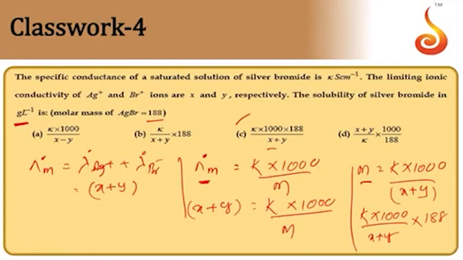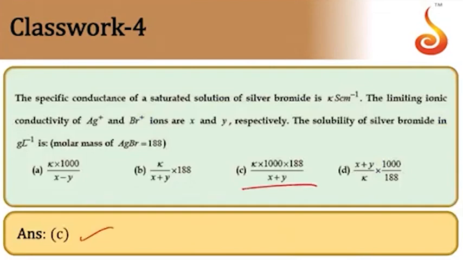So kappa into 1000 into 188 by X plus Y we have. So we found lambda molar, applying Kohlrausch law, that is lambda naught of Ag plus plus lambda naught of Br minus. We got lambda naught of the salt solution, equated to kappa into 1000 by molarity. We got molarity, moles per liter. Then we multiplied by 188 to get the solubility in grams per liter. So the answer is found to be option C.